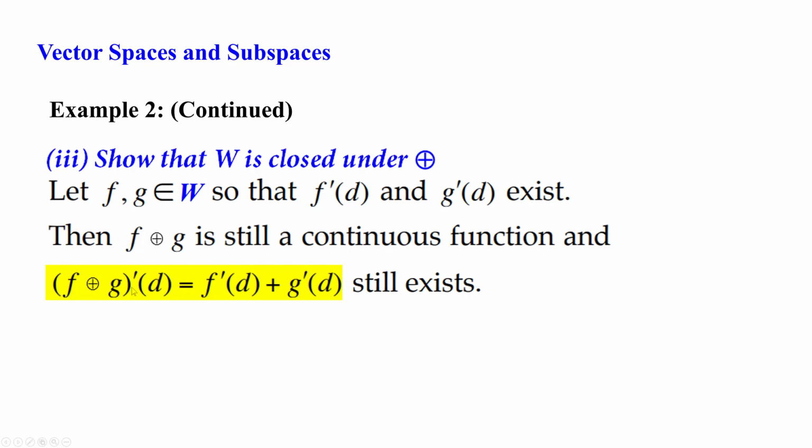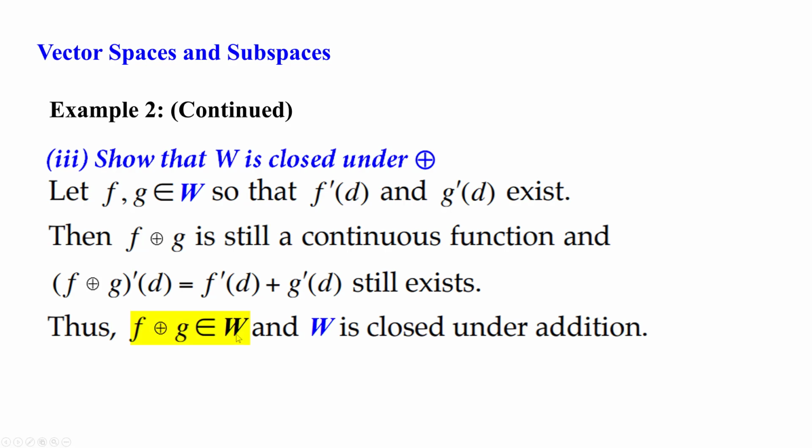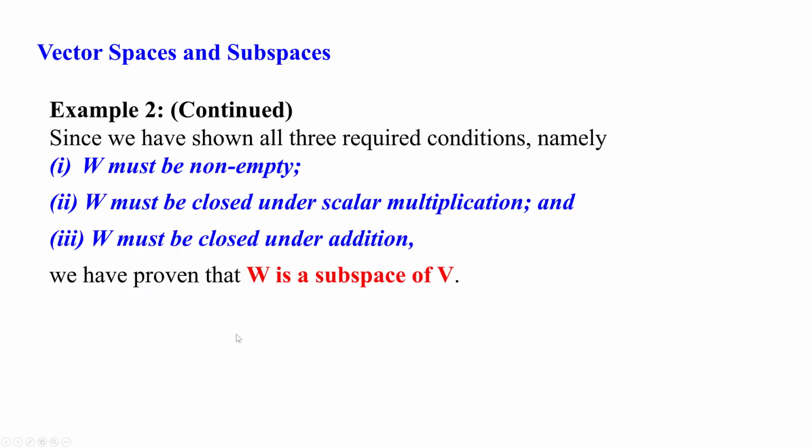Therefore, the derivative of f plus g at D is the derivative of f at D plus the derivative of g at D. These both are numbers, so this exists. Therefore, f plus g is in W, and W is closed under addition, which means we've shown all three properties that we needed to show. Therefore, W is a subspace of V.